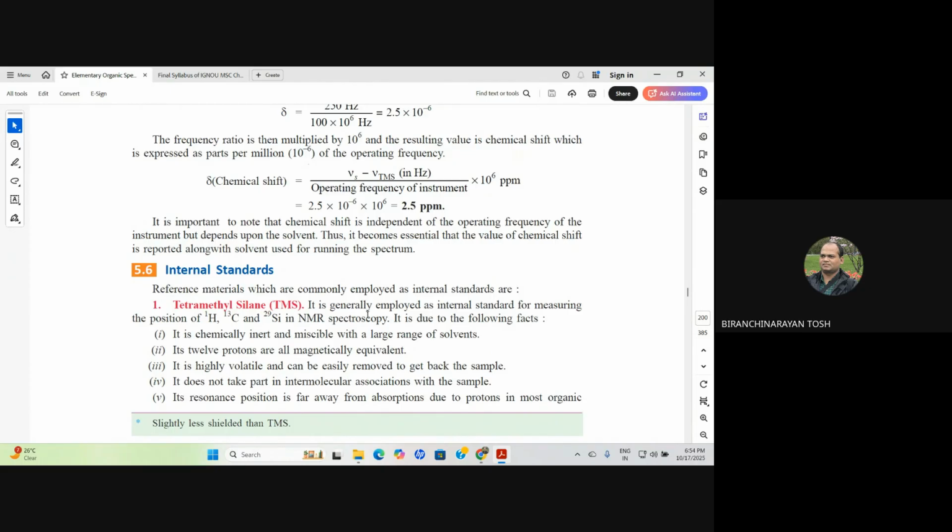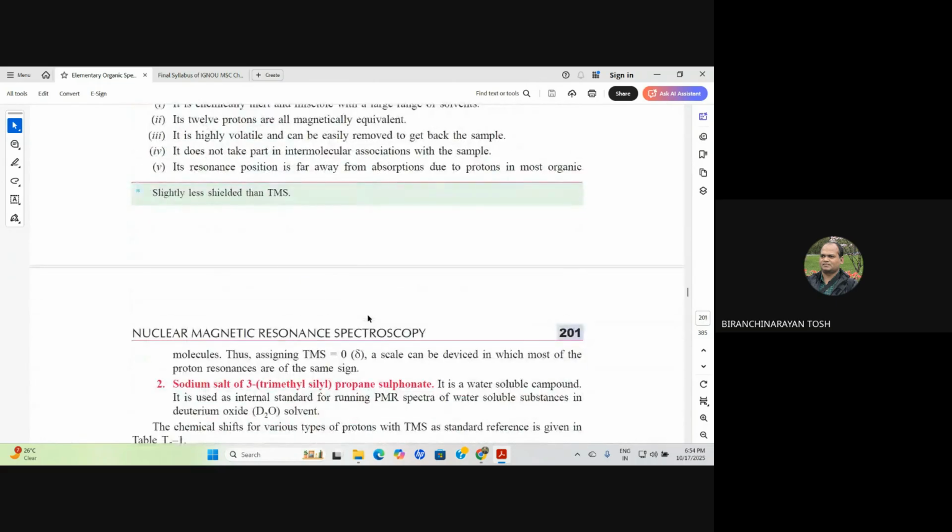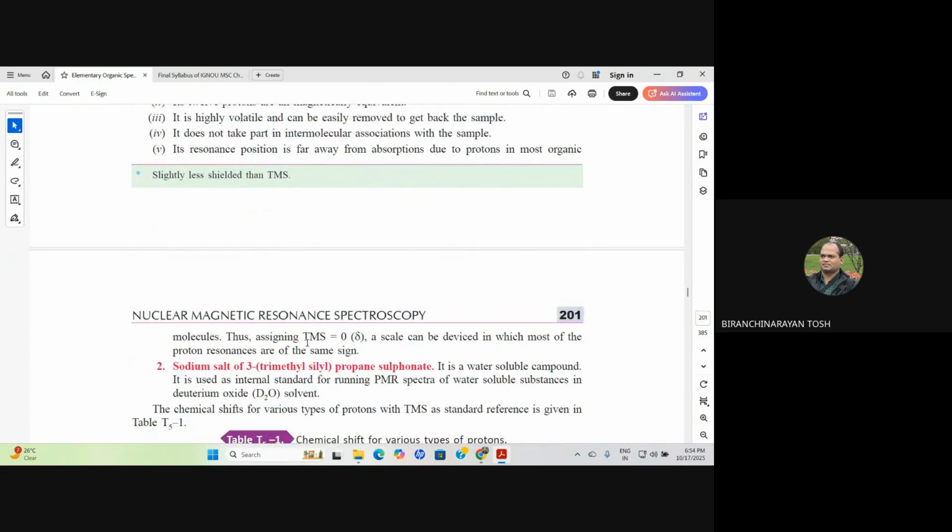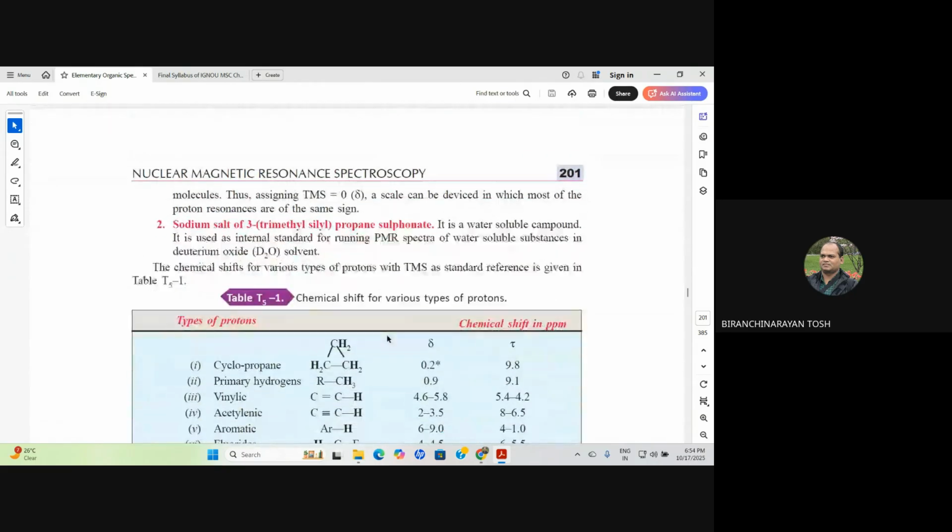Its resonance position is far away from the absorption due to protons in most organic molecules. So assigning the TMS delta value as 0, a scale can be derived in which most of the proton resonances are on the same side.